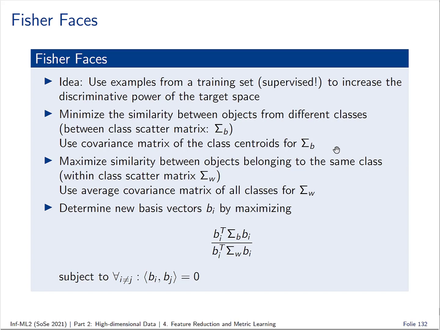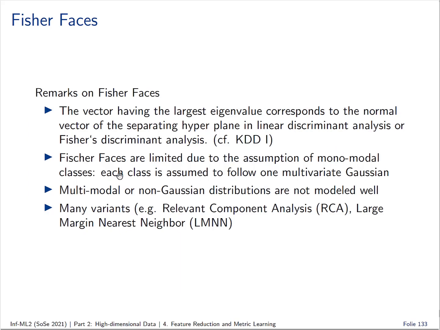So we assume that each class follows one multivariate Gaussian distribution, and that we can find the new basis based on these Gaussian distributions.